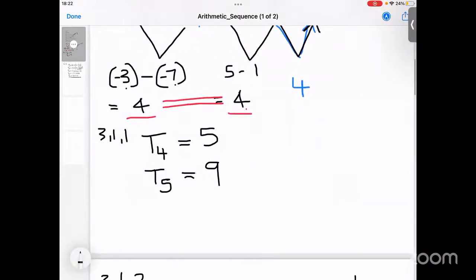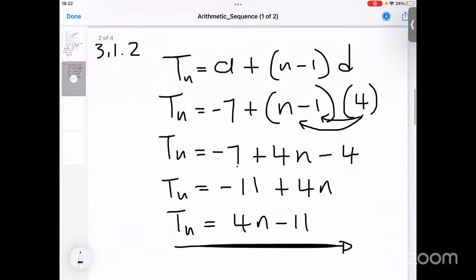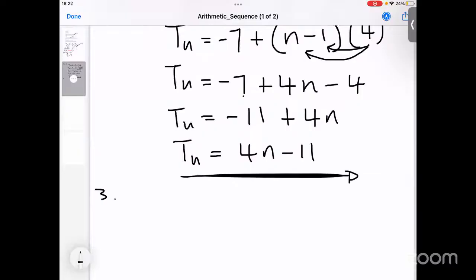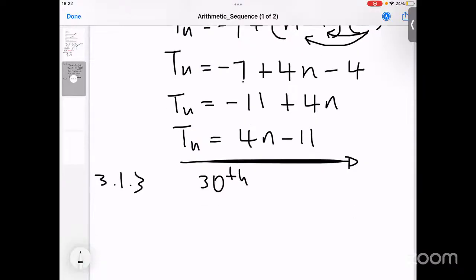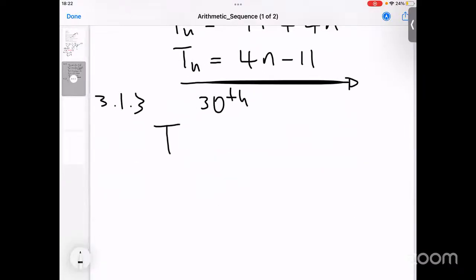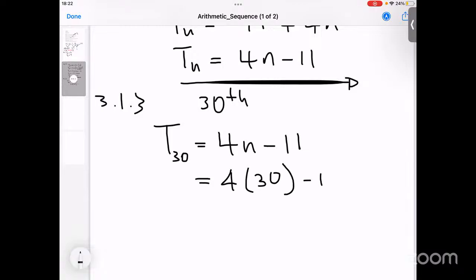Okay, determine the value of the 30th term of the sequence. Now things are starting to be easier because already you did calculate the nth term. Now what they want you to do is to calculate the 30th term, where you just take that same formula, but where you see n, you're going to put 30 there. So obviously you already have the general formula, whereby all that you need to do is to substitute the 30 there, you minus by 11.